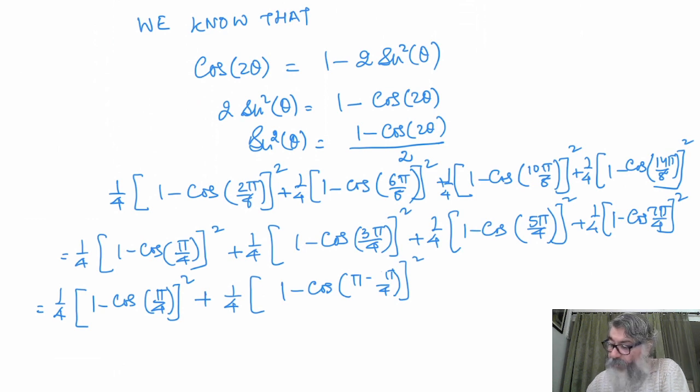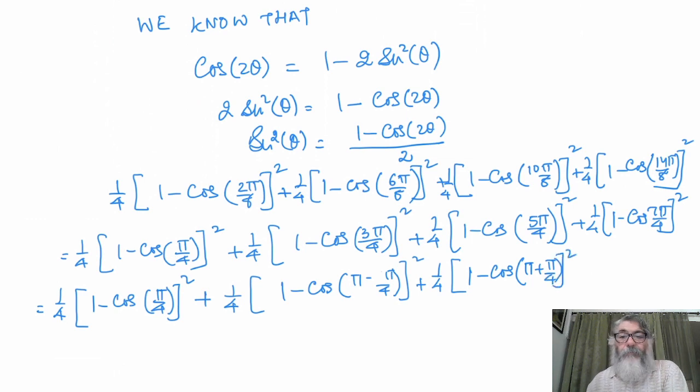Similarly here, 1 by 4, 1 minus cos of pi plus pi by 4, because pi plus pi by 4 will become 5 pi by 4.